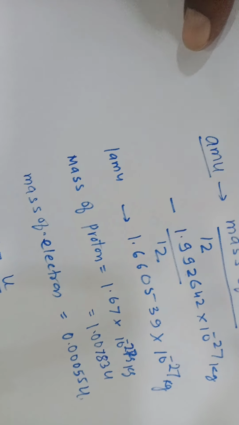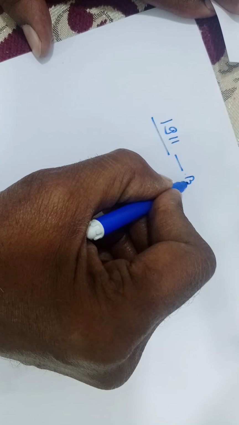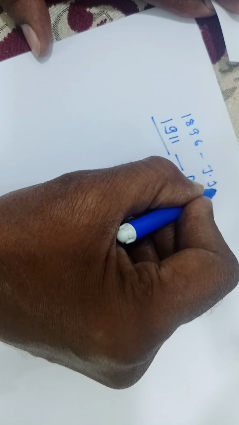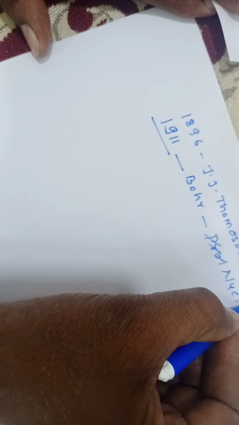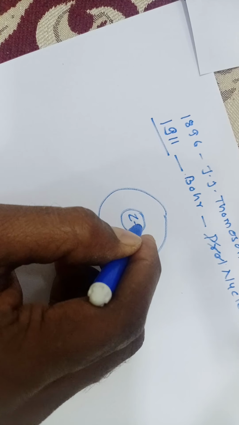In 1911 the atomic structure came, the Bohr and Rutherford theory, and in 1896 J.J. Thomson gave the theory of the electron. Then the whole theory was not known. People were talking only about the atom and the nucleus, and in the nucleus some positive things.